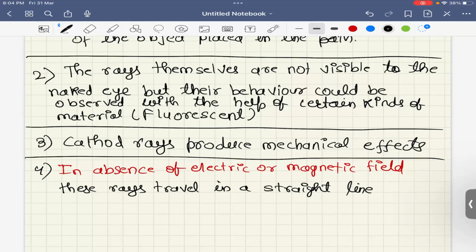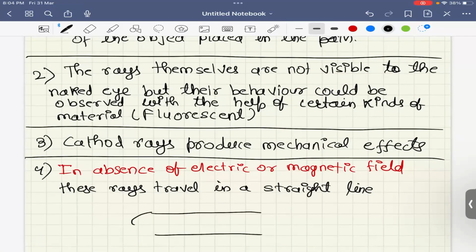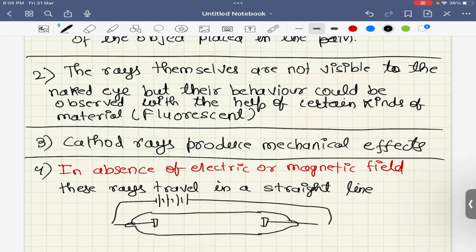Like for example, let's take a sketch. So whenever there is no electric or magnetic field, the rays travel in a straight line, right? Like this.